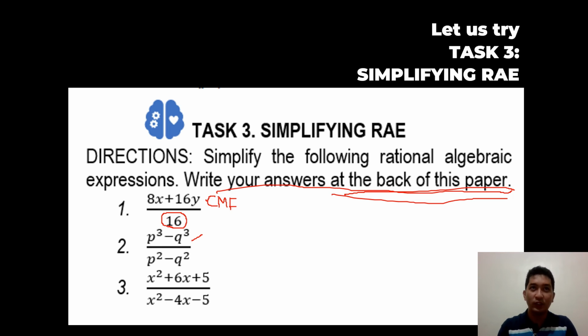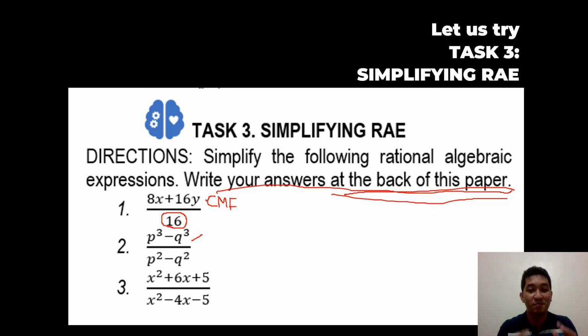Now, you will do factoring polynomials, factoring the sum and difference of perfect cube binomials. Ano ba ang cube root ng P cubed? P. Cube root ng Q cubed, Q.